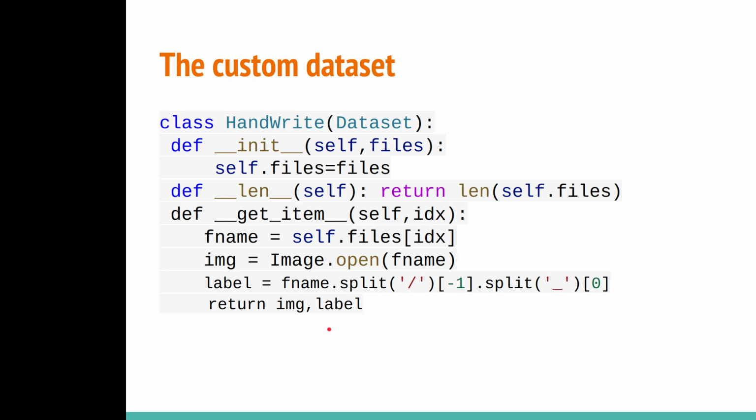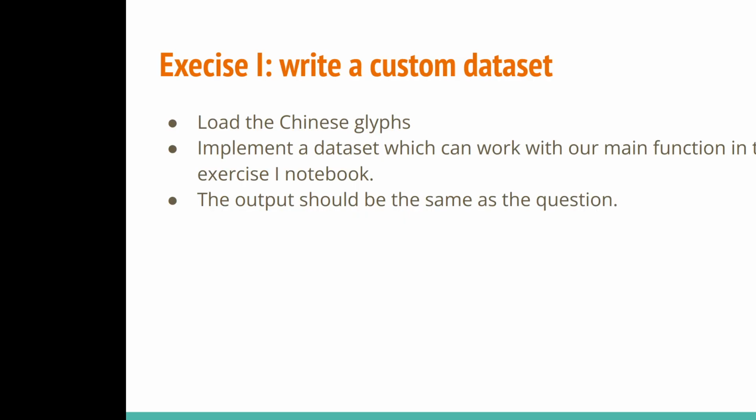So you can see that implementing a custom dataset is quite easy. In the first exercise, we will ask you to write a custom dataset, and in the exercise notebook, we will provide you some test programs which will test the function of your custom dataset. You need to make sure to implement a custom dataset which will return exactly the same as what we have in the notebook.